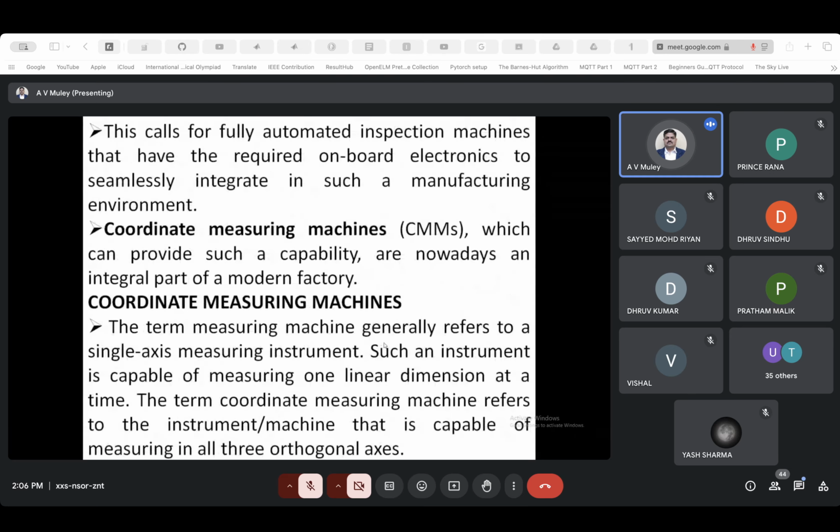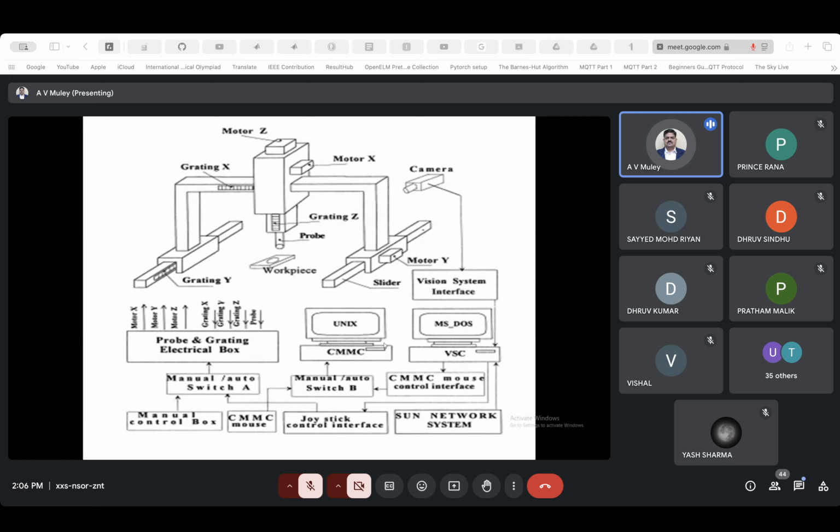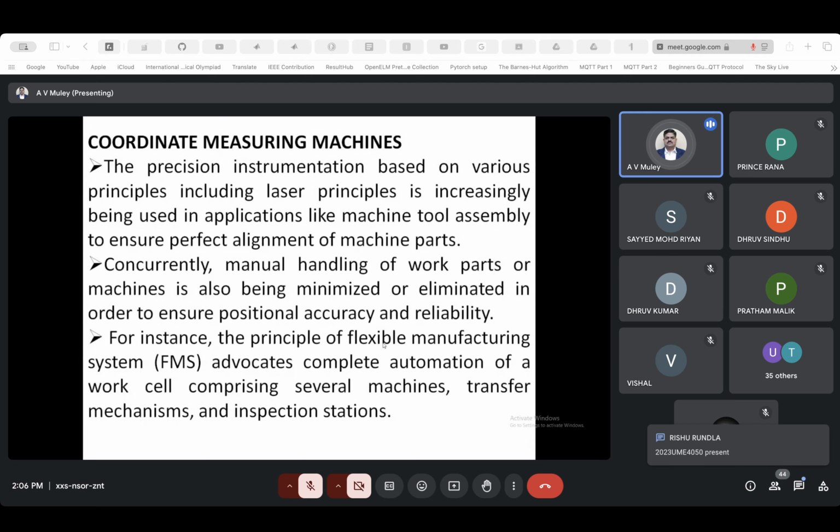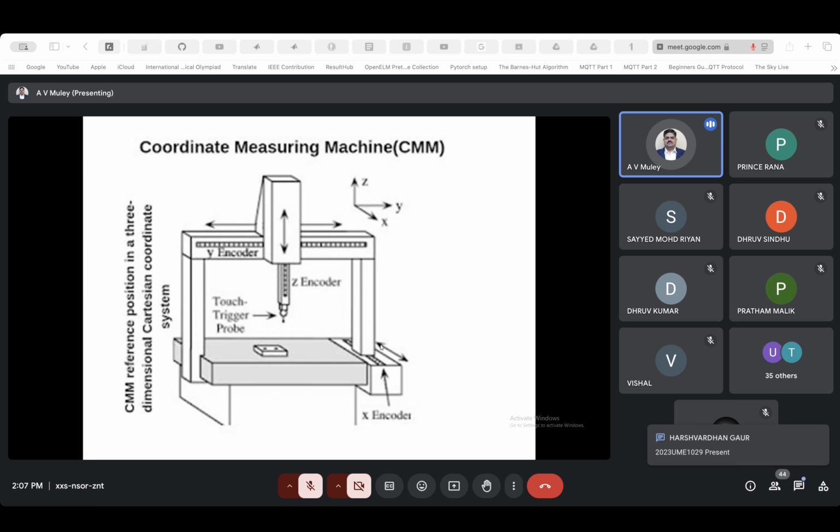We have seen that the coordinate measuring machine plays an important role in metrology as well as in manufacturing, particularly mass production, that is the FMS system and computer integrated manufacturing. This is the CMM that we have seen.